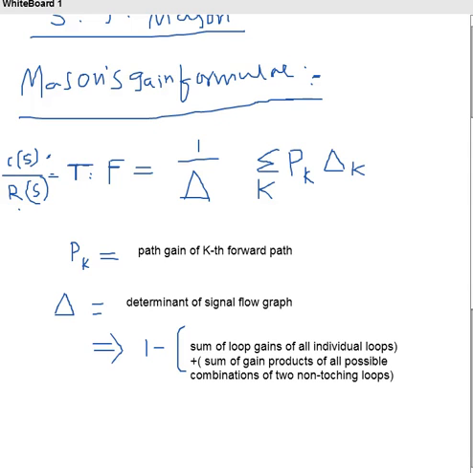Then minus the sum of gain products of all possible combinations of three non-touching loops. The polarity alternates: plus, minus, like that.